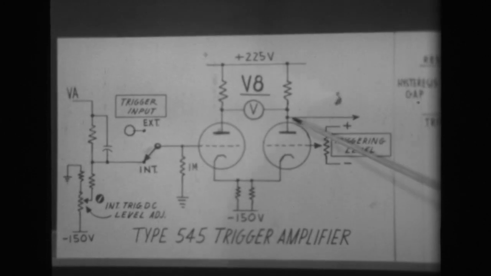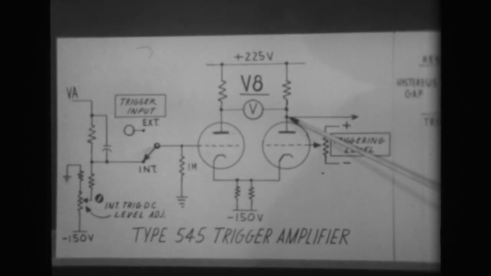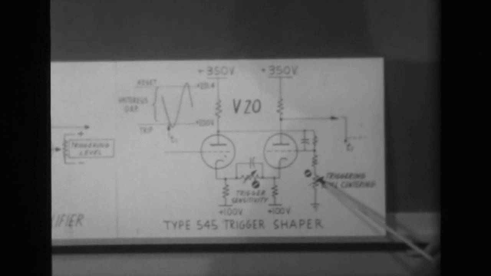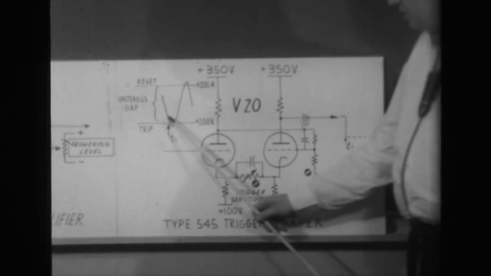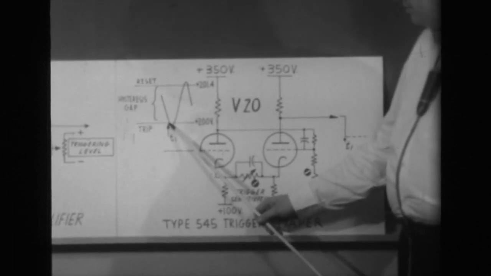Now, having found that the plate of this tube wants to work at plus 200 volts DC, we then moved across into the trigger shaper stage and adjusted the triggering level centering pot until the bistable multivibrator had just tripped at 200 volts.